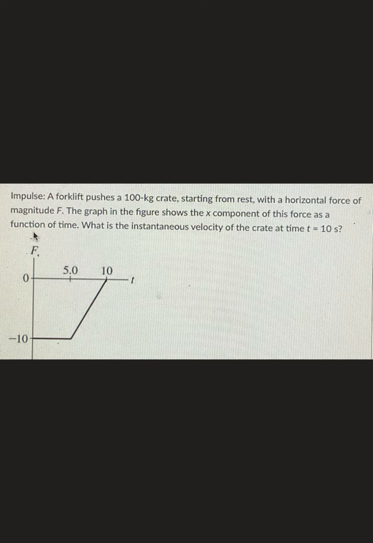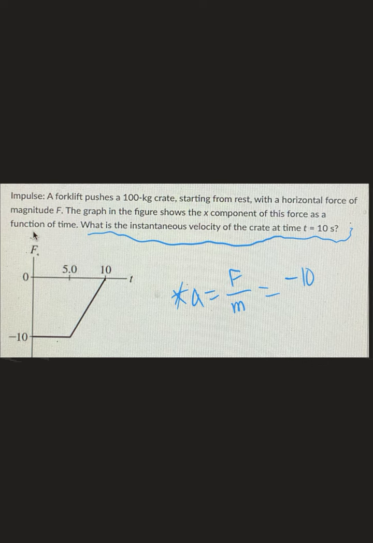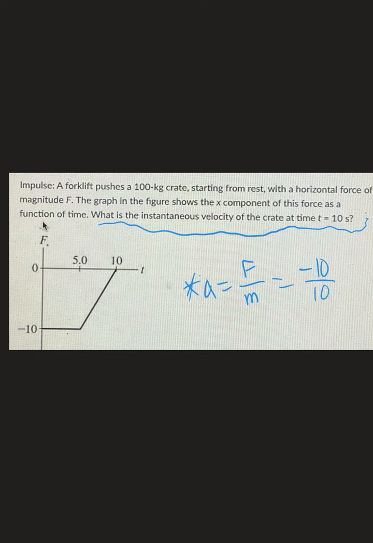Alrighty guys, so now we have to find what is the instantaneous velocity of the grid when the time is 10 seconds. So we must do this. We must use the equation of acceleration, force over mass, negative 10 seconds over 100.